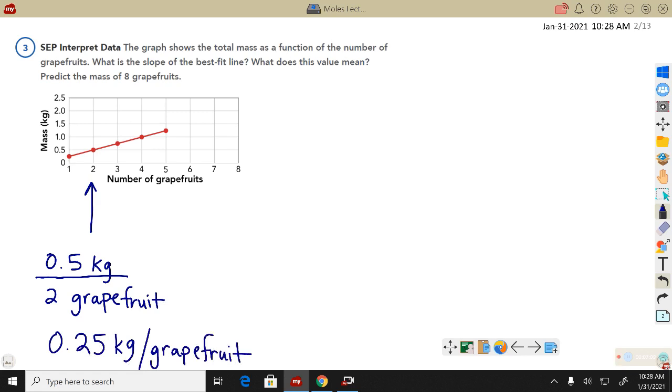Okay, and now if you remember anything about slope, let's say we do that at another point, like another easy point. Say, let's pick 4. Okay, rise 1.0 kilograms over run 4 grapefruit.